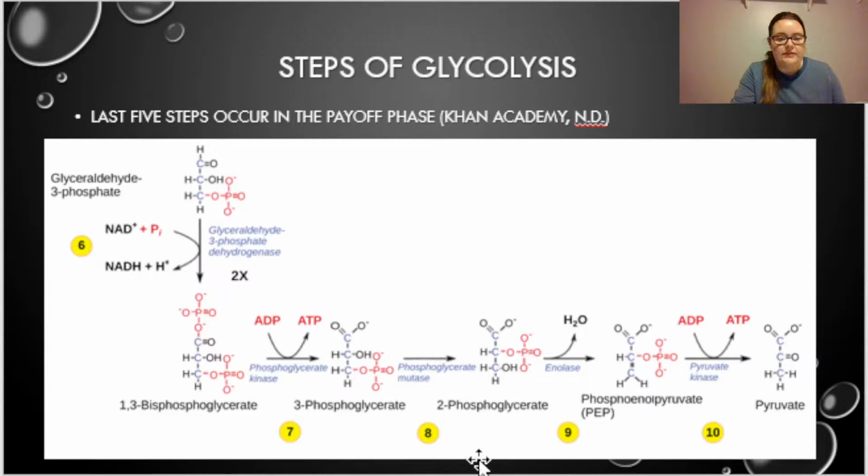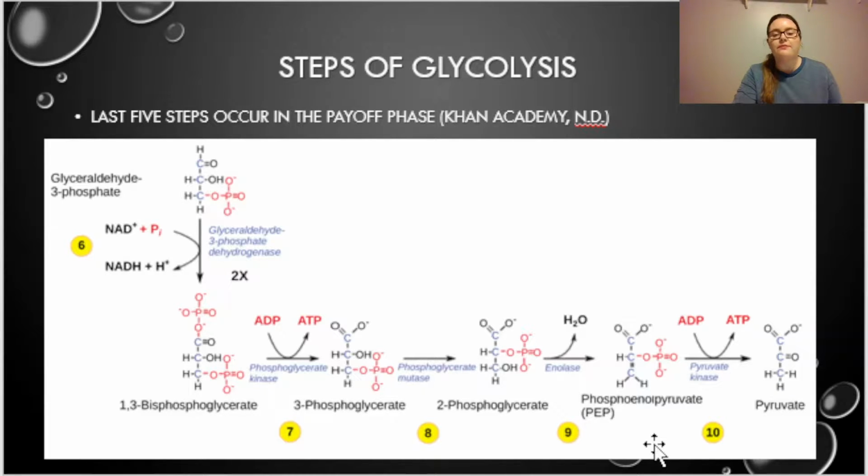For the 8th step, 3-phosphoglycerate will then be converted to 2-phosphoglycerate because the phosphate group has been changed to the 2nd carbon atom. Then for the 9th step, a dehydration is going to occur. Water is going to pull out of this reaction, so we're no longer going to have a water molecule, and then it is going to change into something called PEP, or known as phosphoenolpyruvate.